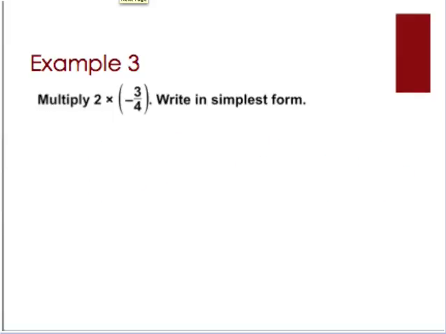In example 3, we have a whole number and a negative number. So if you remember correctly, the way that we take a whole number and make it a fraction is we just write the whole number, 2, over 1. Now we're going to times that by -3/4.